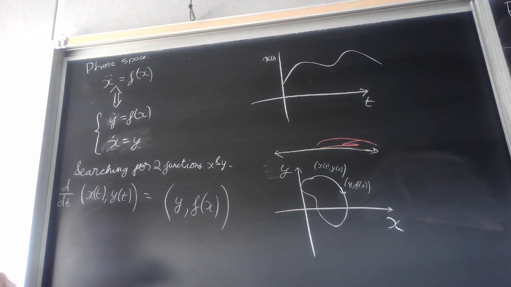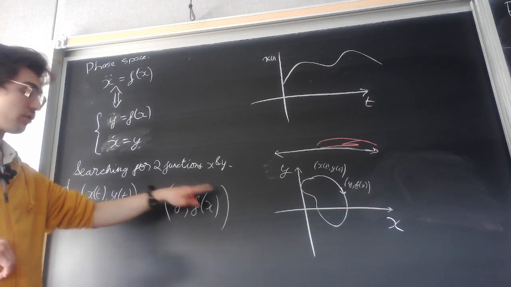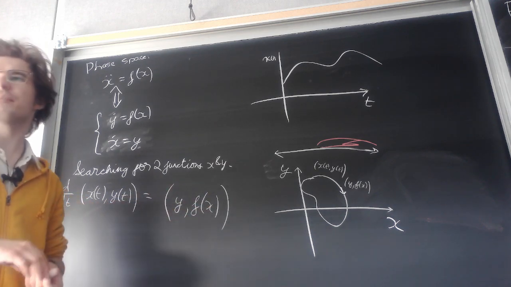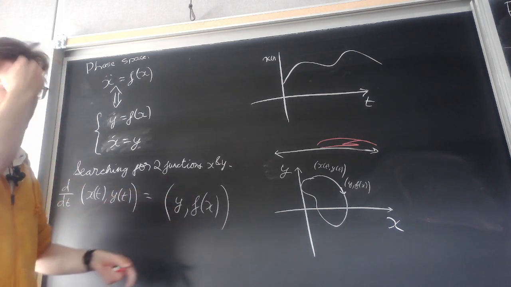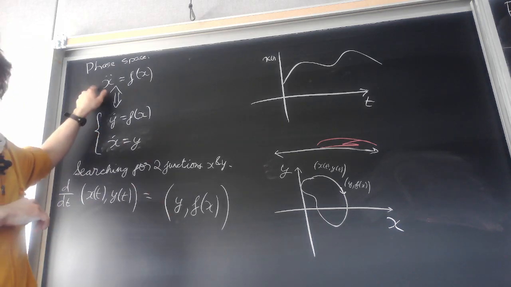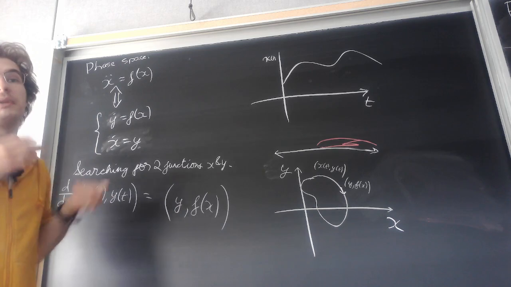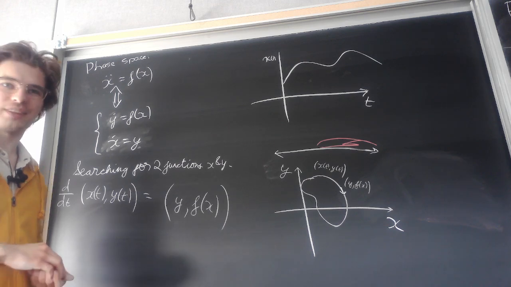Suppose, instead of directly trying to figure out what the trajectory in phase space is, because that might be difficult. To figure it out, I need to solve this differential equation, which is equivalent to solving this differential equation, and that just might be hard to do, right? I just might not be able to do it immediately.